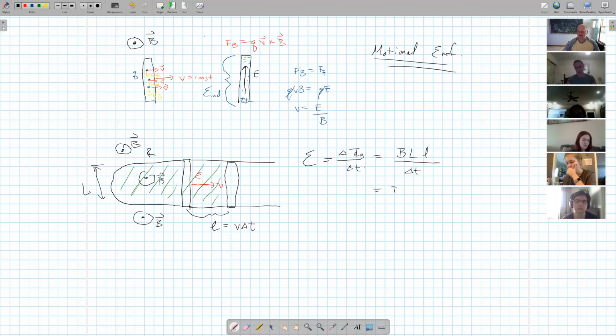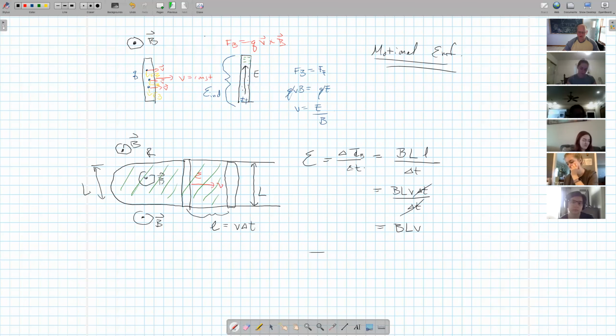So this is B times the length of the rod times little l, but we know little l is the same thing as the velocity times the change in time, all divided by the change in time. The changes in time are the same, so those are going to cancel. So it's the same thing as B times L times V. In this case, L is the length of the rod itself, so the distance between these two conducting rods. B is the magnitude of the external magnetic field, and V is the velocity at which it's moving. Okay?